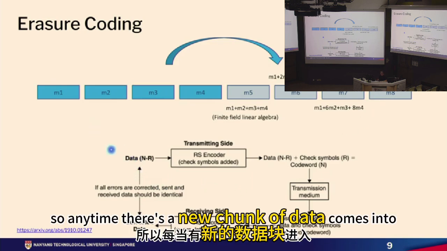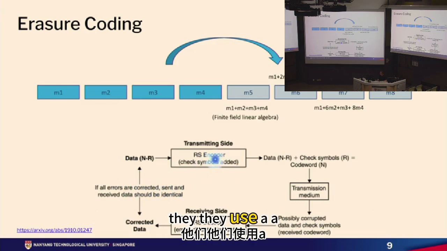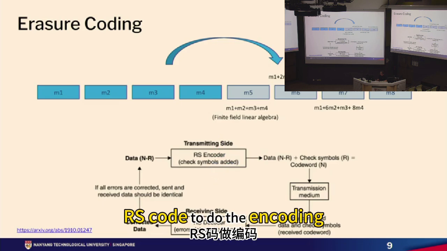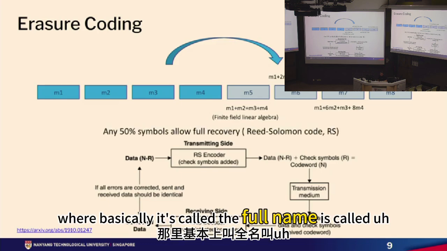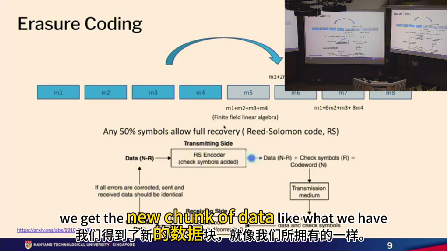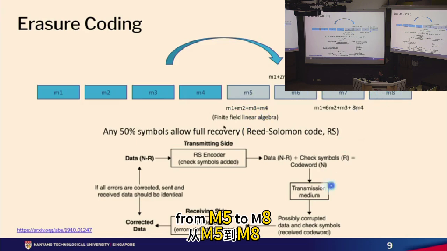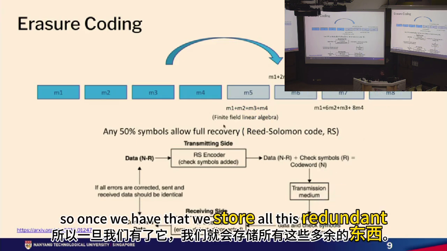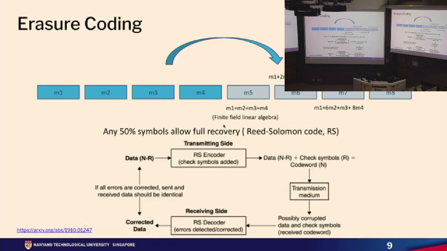Anytime a new chunk of data comes into the full node, they use the so-called RS code to do the encoding. The full name is Reed-Solomon code. And then we get the new chunks of data, like M5 to M8. Once we have that, we store all this redundant chunk of data into the block.